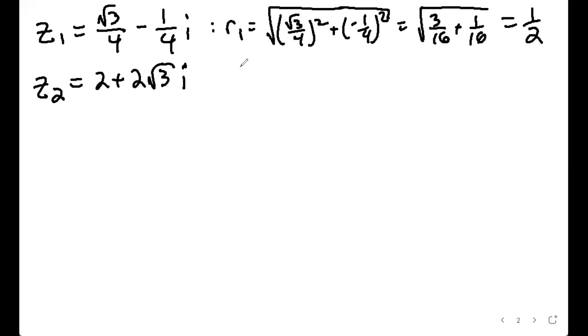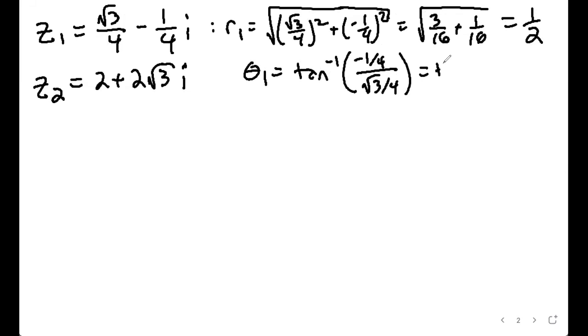And we also need theta 1, which will be arctangent. The x here is positive, so we don't have to add pi. We can just say arctangent of y over x. So arctangent of negative 1 over square root 3 is negative pi over 6.